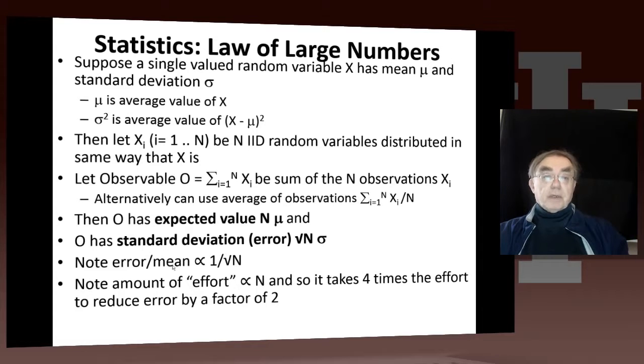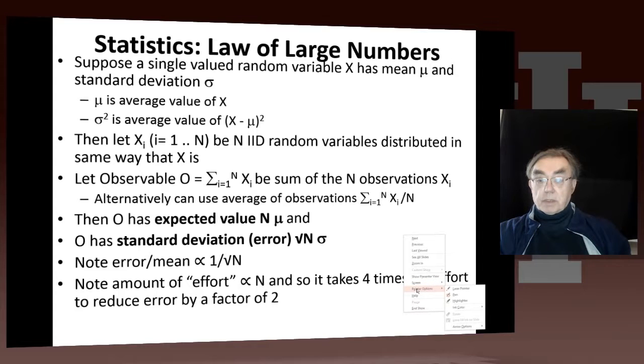And most of the statistics we need for the physics experiment corresponds to what happens when we calculate effectively mean values, or just simply the sum of lots of observations. So that's what this thing here says. We have the sum of n observations, and we either take the sum or we take the mean.